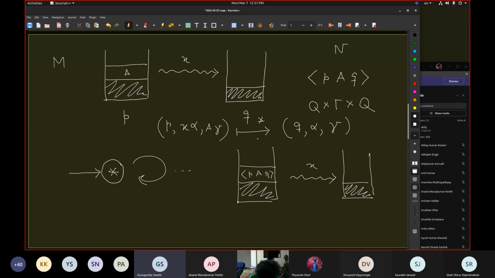This is for M. And here what will happen? P, A, Q is on the top of the stack. The state is always star, so this is not an important thing.